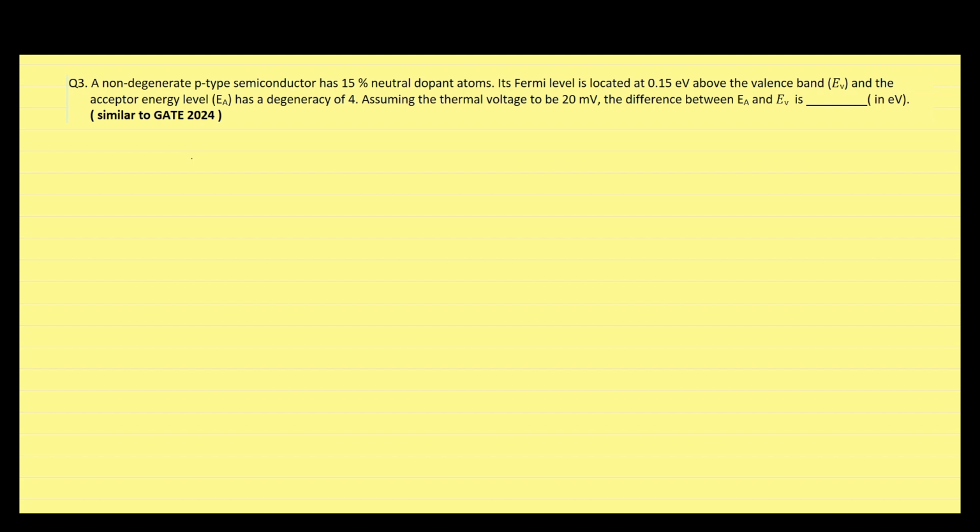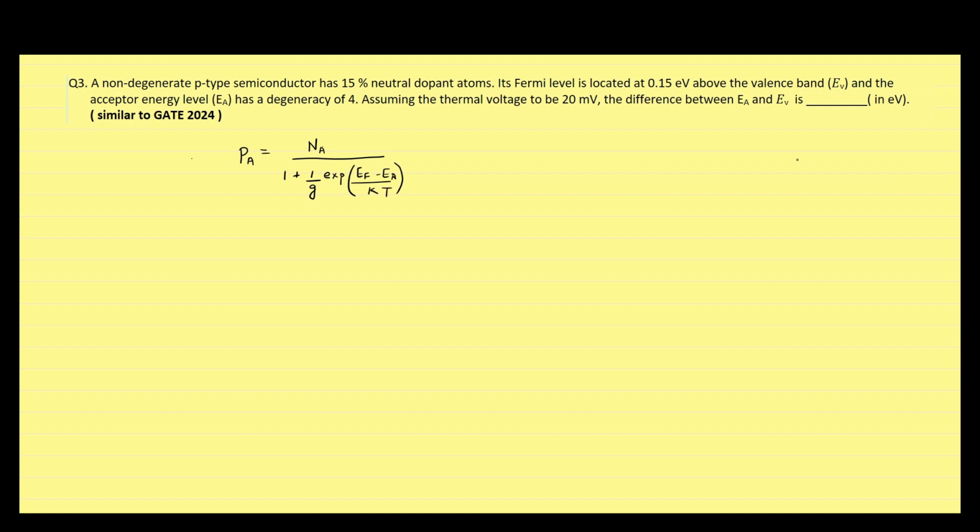We have a direct formula according to which the hole concentration at the acceptor energy level is equal to the doping concentration of acceptor impurities divided by 1 plus 1 upon G, where G is the degeneracy factor, multiplied by exponential EF minus EA divided by KT.